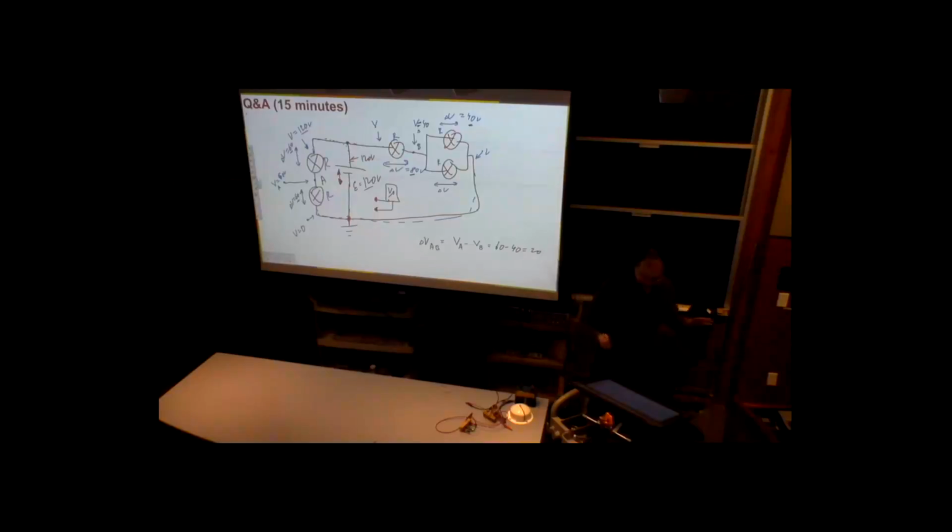Yes? Can you explain the concept of grounding, and why it needs to happen? It doesn't have to happen. It's a matter of convenience. You can set this potential to any number you like, negative pi, square root of 7, I don't know. What does grounding exactly mean, though?